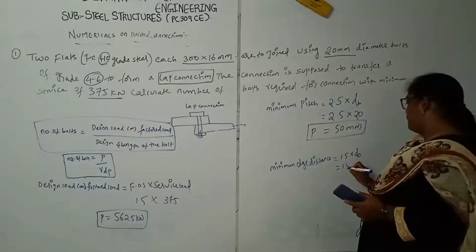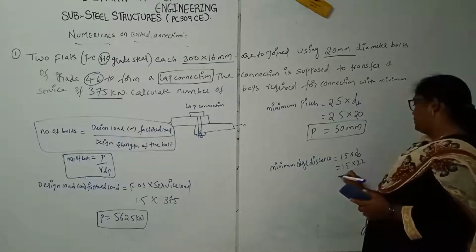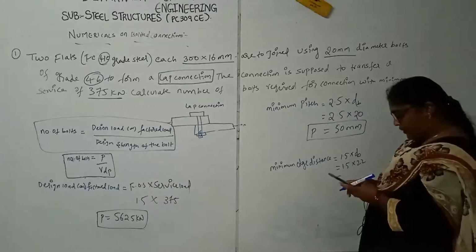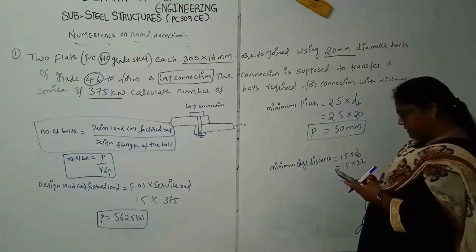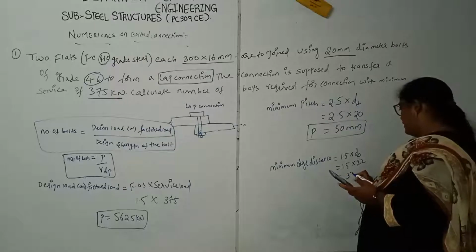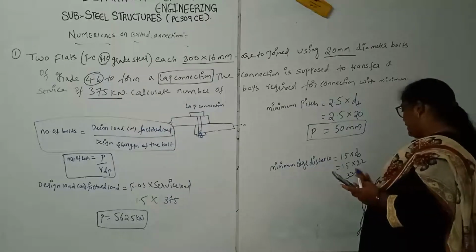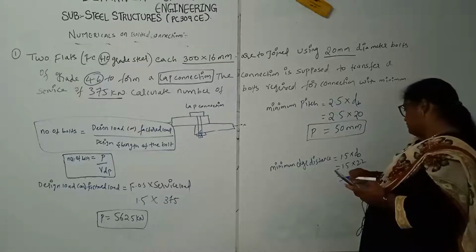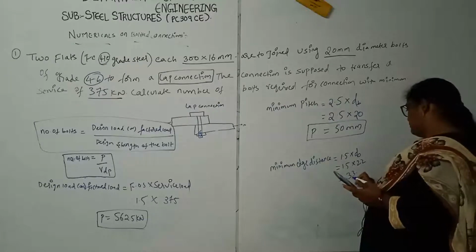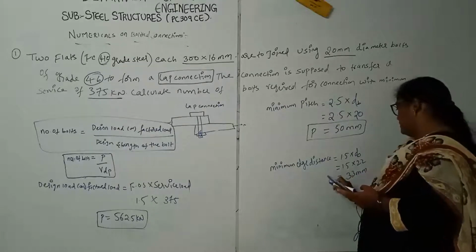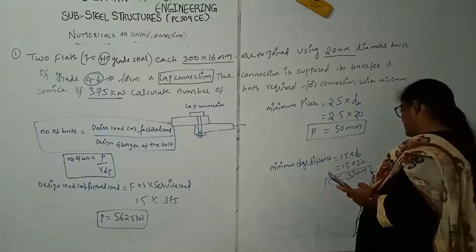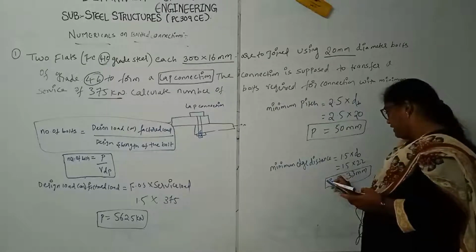So that will be 1.5 into 22, that is 33. Small e is equal to 33 mm.